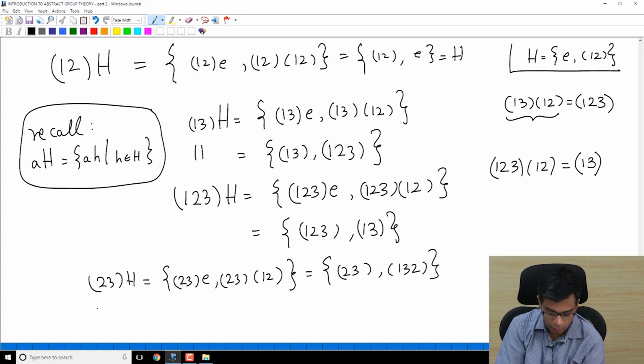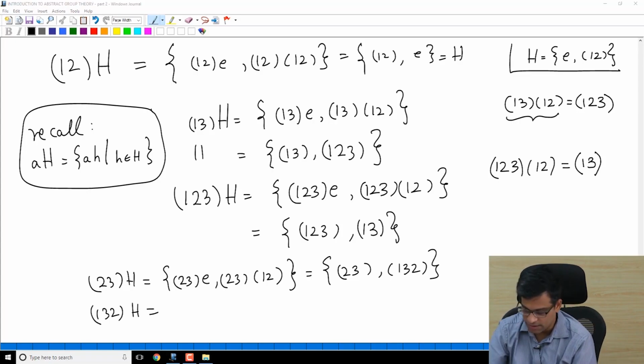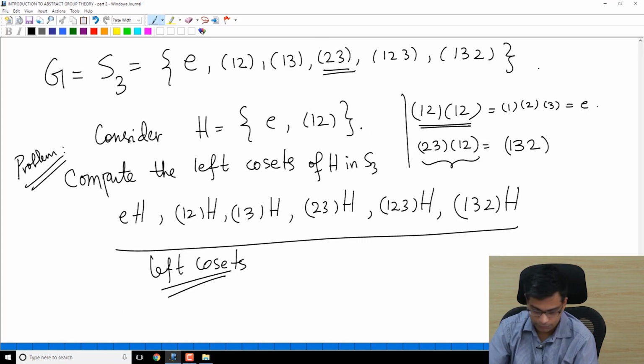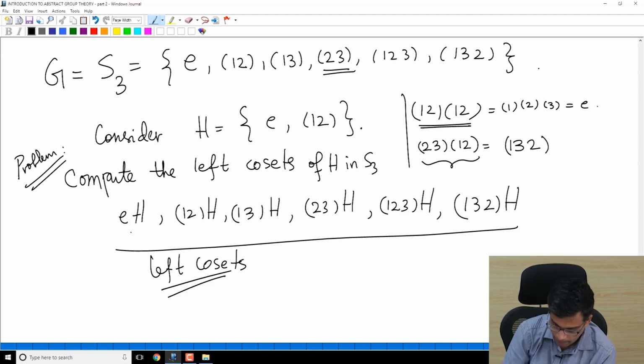Now the only remaining coset we have to compute is, remember there are 6 potential cosets: EH, (1 2)H, (1 3)H, (2 3)H, (1 2 3)H, (1 3 2)H. We have identified the first two, and (1 3) happens to equal (1 2 3). Now let's do (2 3) and (1 3 2).